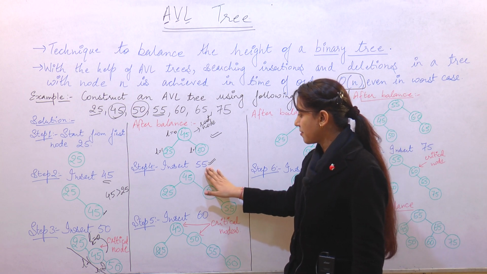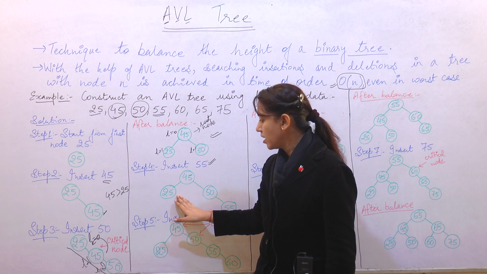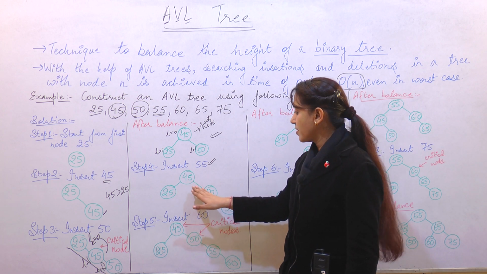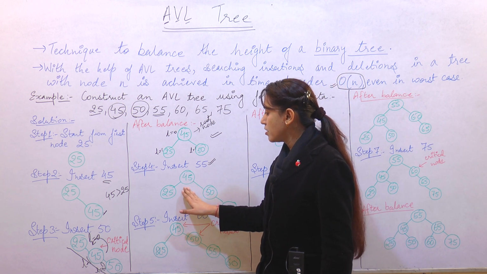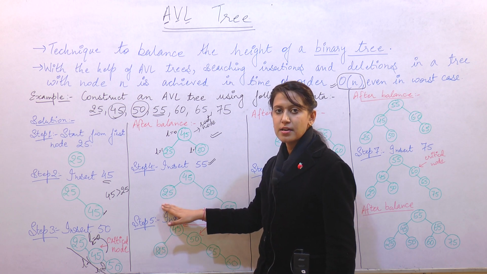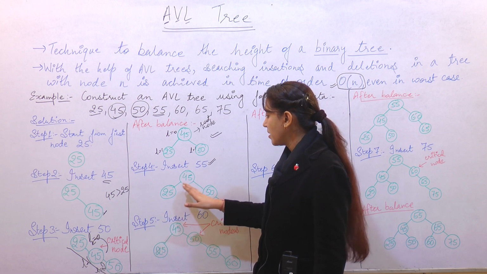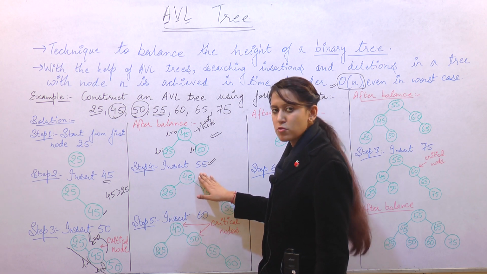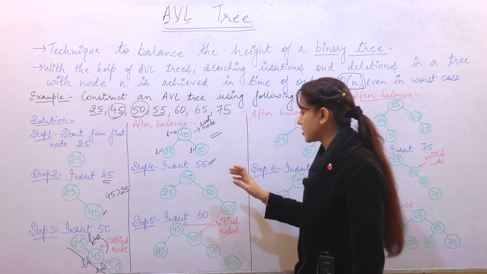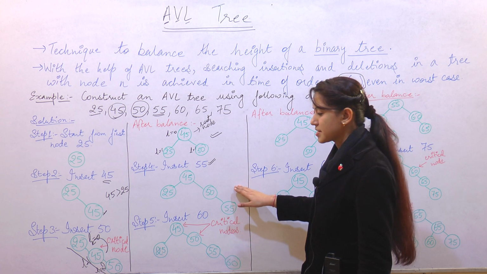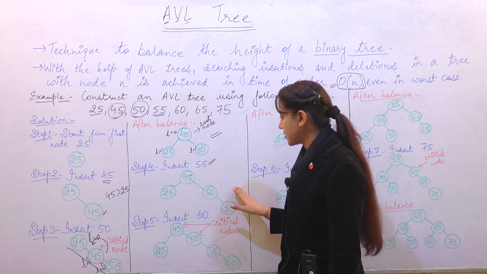So we will compare 55 firstly with the root node. 55 is greater than 45, that means there is no need to compare it with the leftmost node, that is 25, because after comparing it with root node we came to know that it is greater than root node. So we will move directly towards the right hand side of our binary tree.